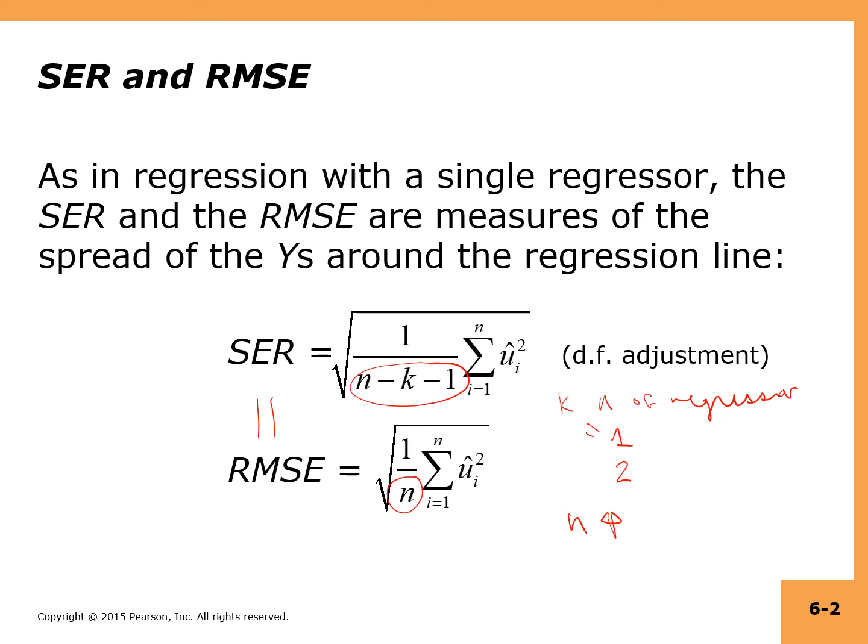The reason we divide by n minus k minus 1 instead of n is that we want to make a degrees of freedom adjustment for the bias introduced by estimating the coefficients. And we subtract 1 in addition to the number of regressors because we're estimating the coefficients of the slopes as well as the intercept.